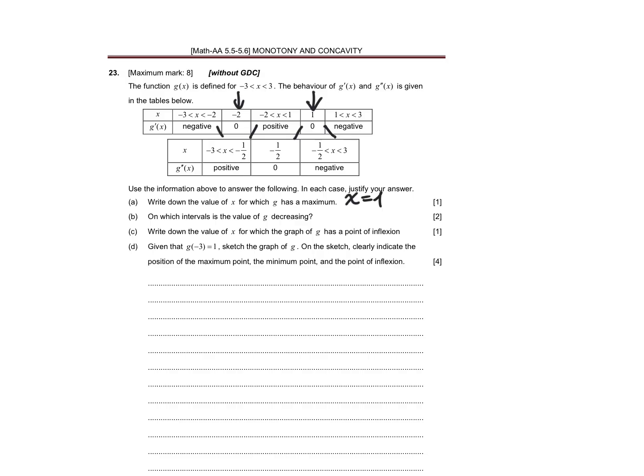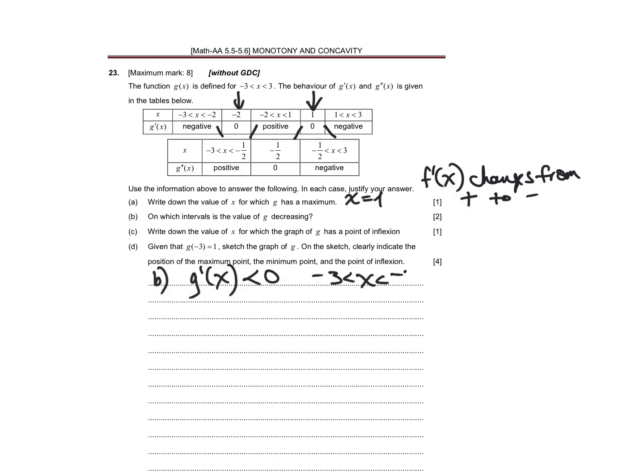And that's because the derivative changes. So g prime changes from positive to negative. Okay, so B, on which intervals is g decreasing? So that's when the gradient is negative. So g prime is less than 0, -3 to -2, and 1 to 3.